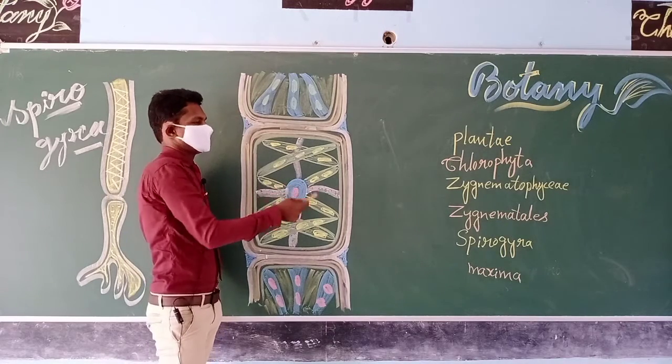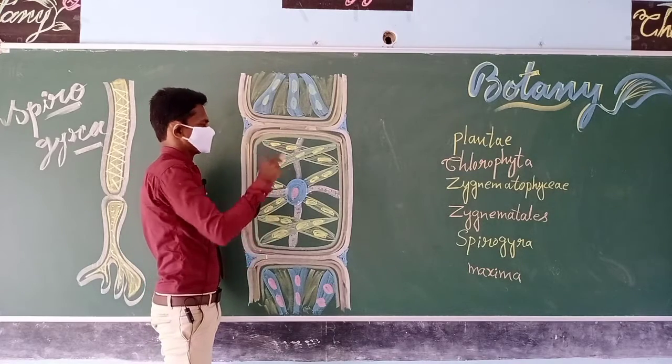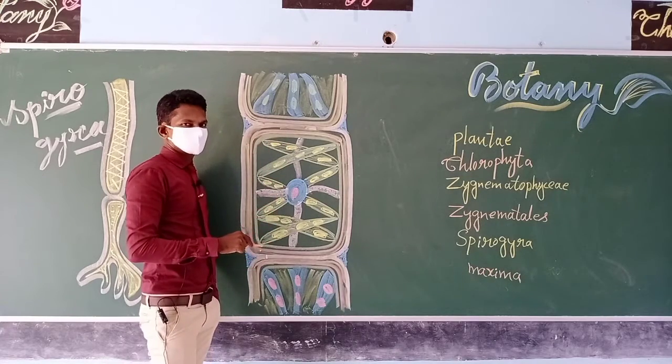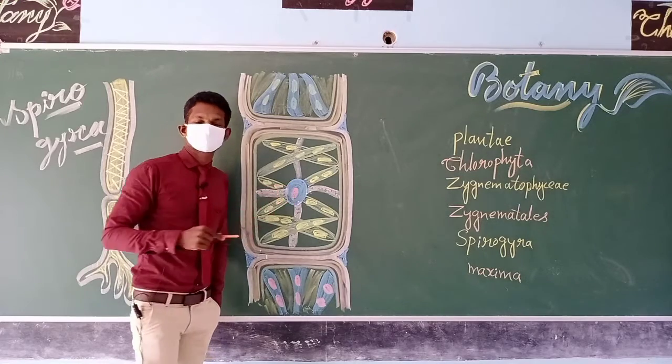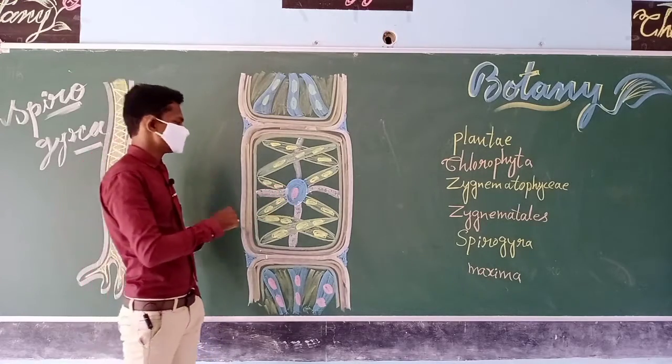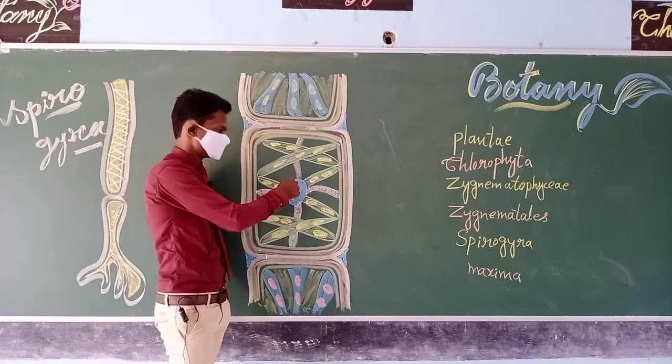Actually, cells of Plantae kingdom organisms do not possess the nucleus at their center, but here Spirogyra possesses the nucleus at the center with the help of cytoplasmic strands, a special characteristic feature.